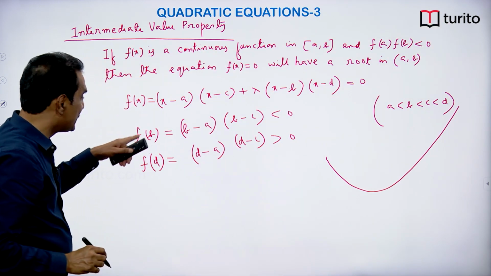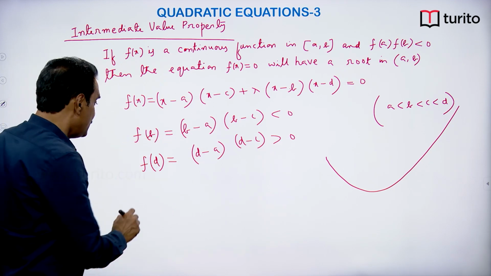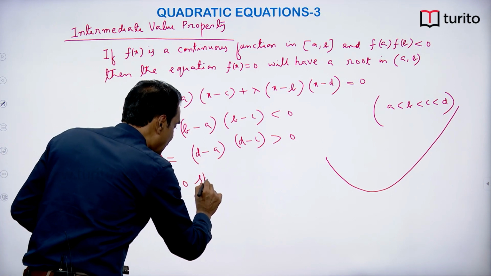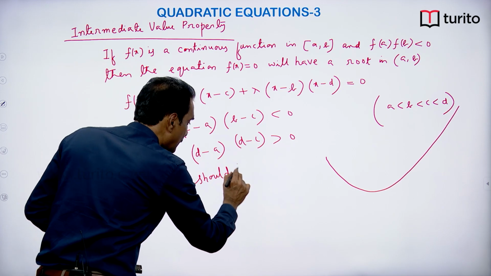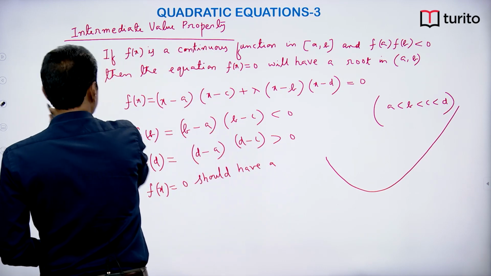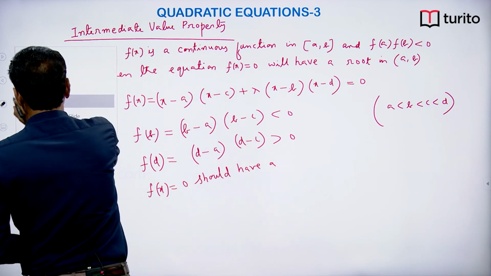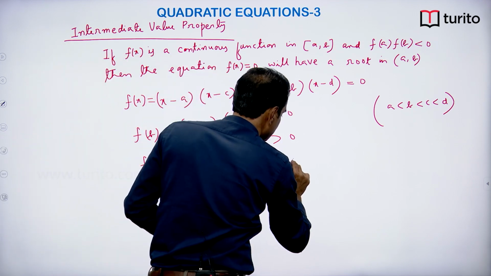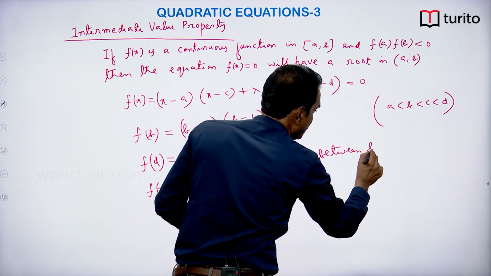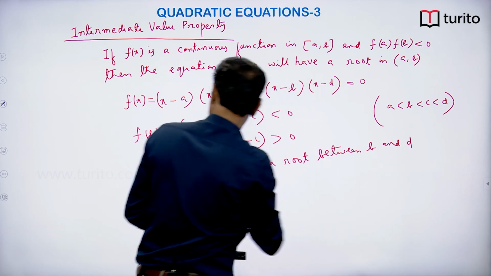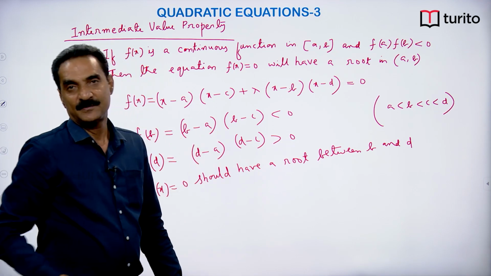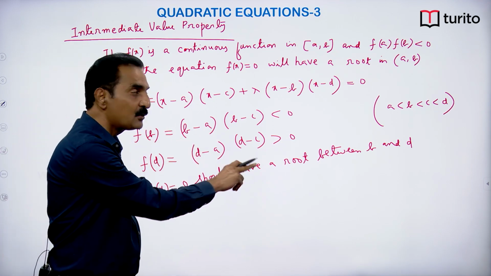So, since f of b is negative, f of d is positive, the equation f of x is equal to 0 should have a root between b and d, is it not, according to the intermediate value property. That means there is a real root. The equation has a real root.